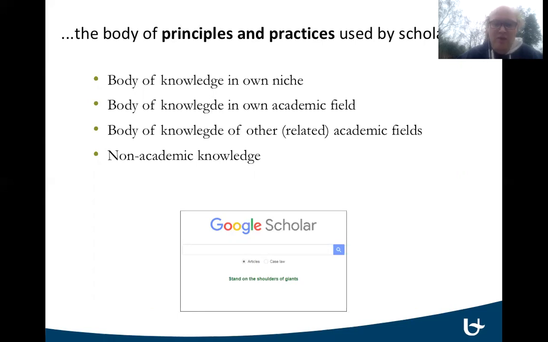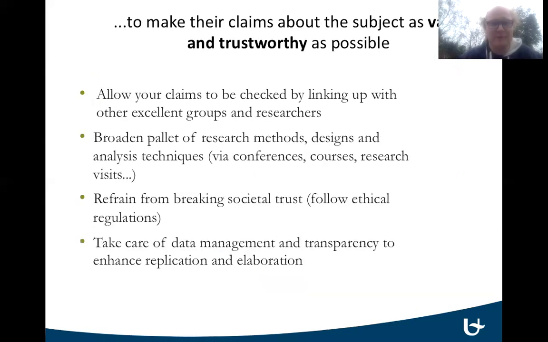So you need to stand on the shoulders of giants, especially those giants in your own specific field, but preferably you need to look a bit further so that you can build on the knowledge that is there in related fields, or at least in the broad academic field. Second, you need the scholarly process.